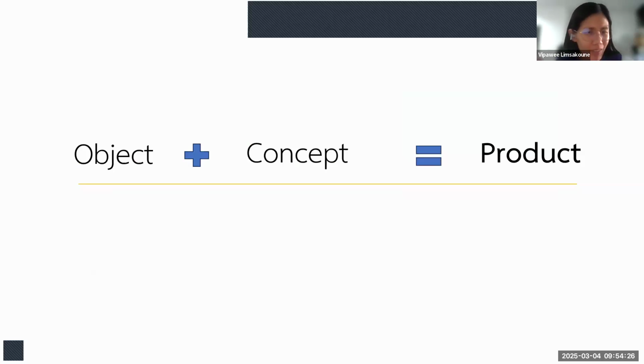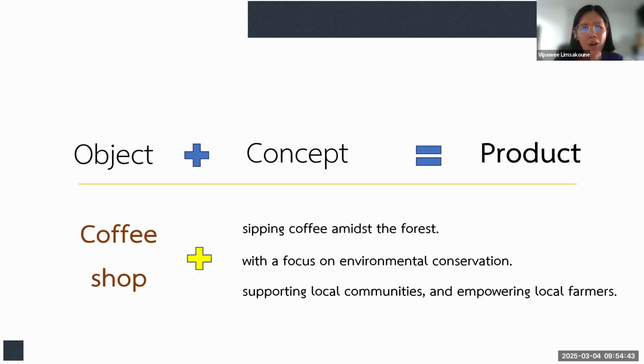When we think about a product, it could have two major parts. The first part is the object. What is the object? Let's say it is a coffee shop. Then we have the concept of the coffee shop. It could be you sipping anything like coffee, tea, juice in the middle of the forest.